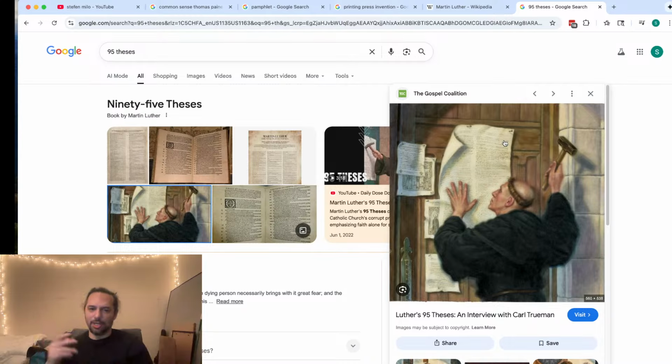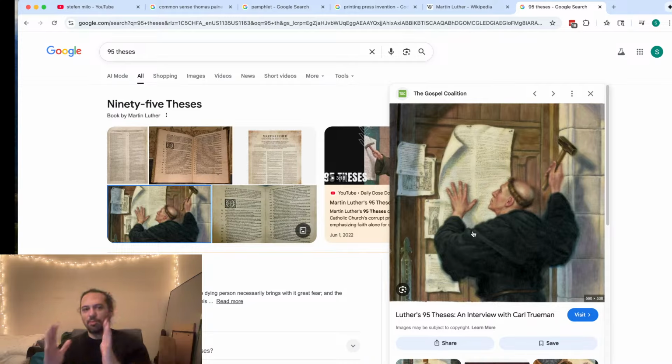So the analogy is that a blog post is to a tweet as a book is to a pamphlet. And they had the same effect in the 1500s. So the pamphlets went viral, so to speak, in the 1500s. And that's why Martin Luther capitalized on this new medium of the pamphlet to get his ideas out there.